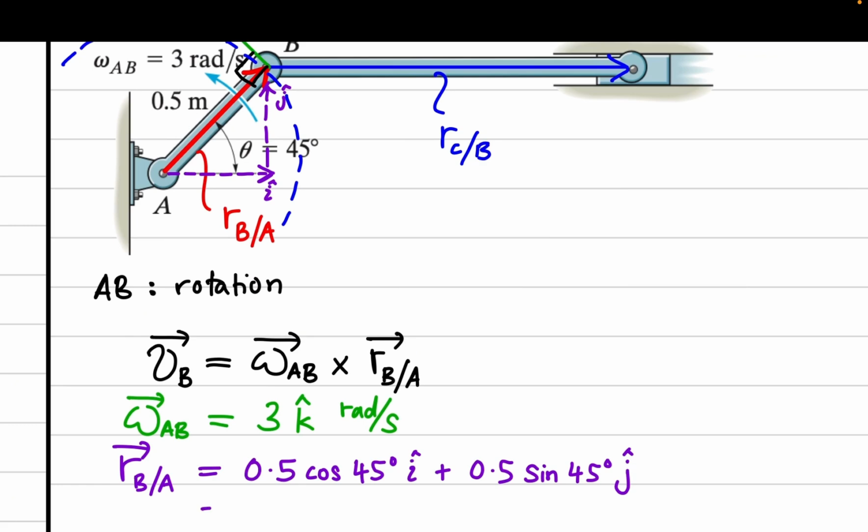We can write this down as 0.3536i plus 0.3536j. The unit is in meters.